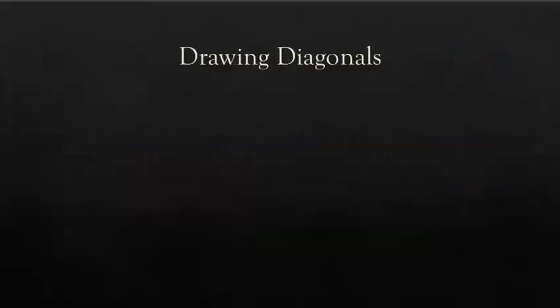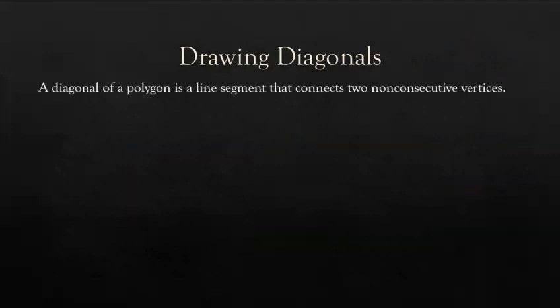Okay, we're going to talk about drawing diagonals. But what is a diagonal? A diagonal of a polygon is a line segment that connects two non-consecutive vertices. When we were naming them, we went in consecutive order, but now we're going to draw a diagonal not to a consecutive vertex, but one across from it.